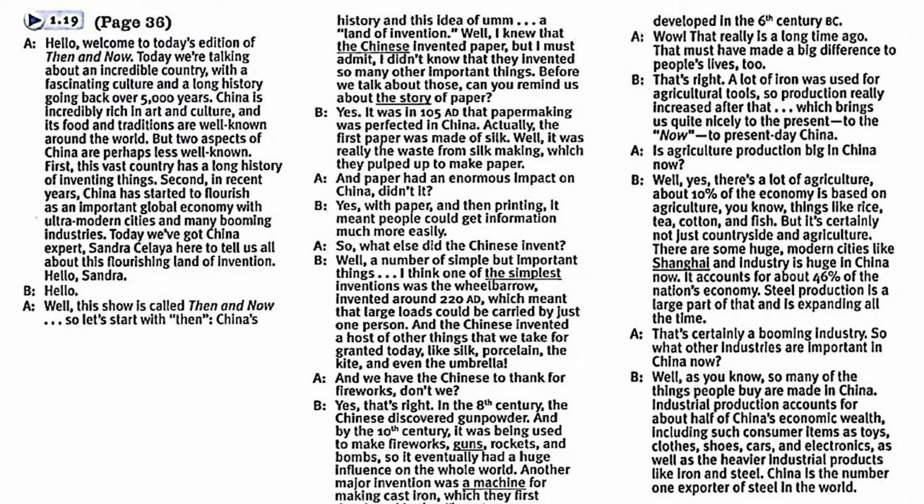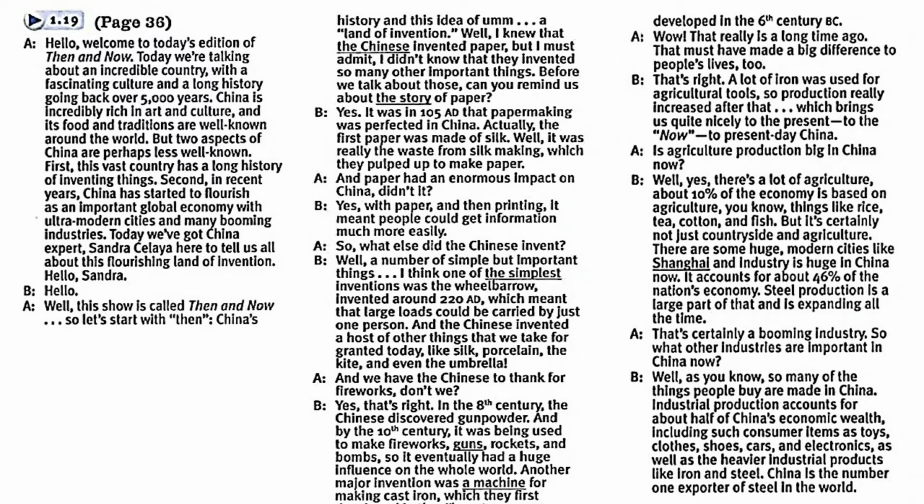First, this vast country has a long history of inventing things. Second, in recent years, China has started to flourish as an important global economy with ultra-modern cities and many booming industries. Today, we've got China expert Sandra Salaya here to tell us about this flourishing land of invention.